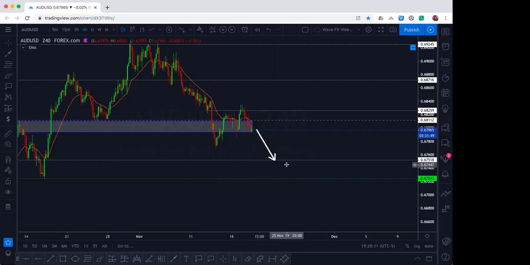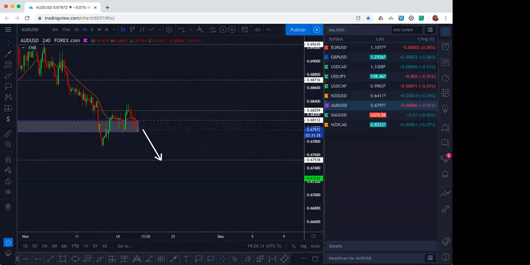So that's not a bad target area for you to be looking at, especially out of the Australian dollar. And this is one of the slowest pairs out there in the market. It really takes time for the market to move, right? But that's the overall level that we would be looking at in relation to the Australian dollar.